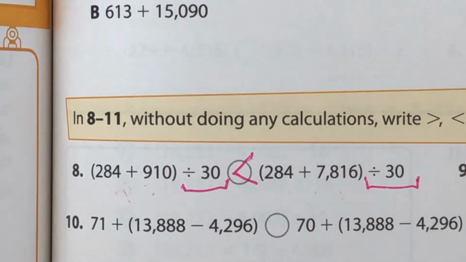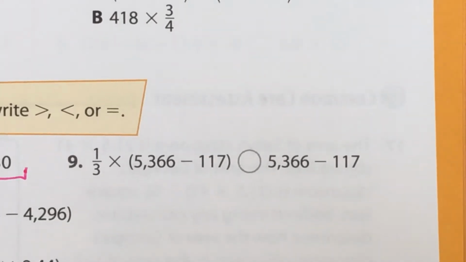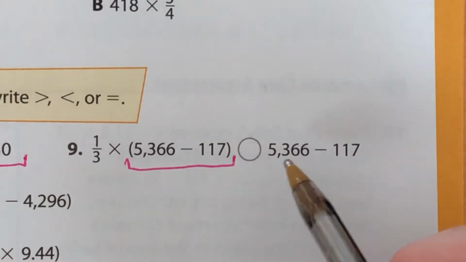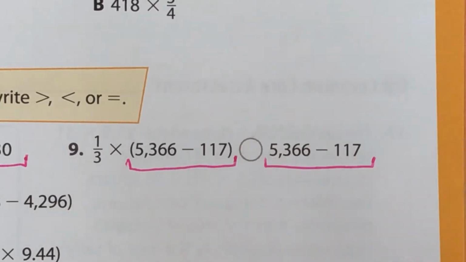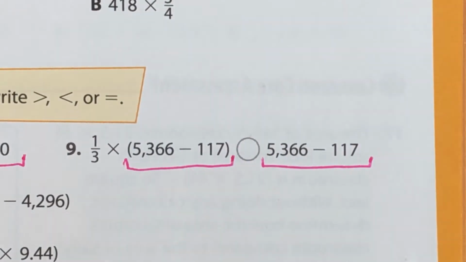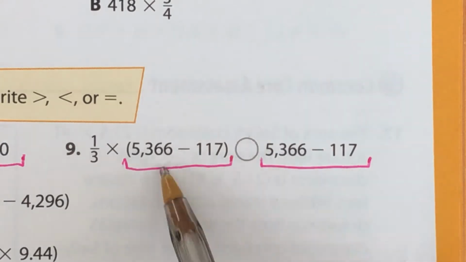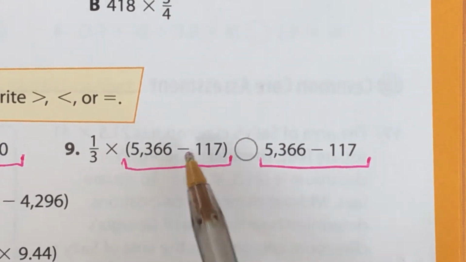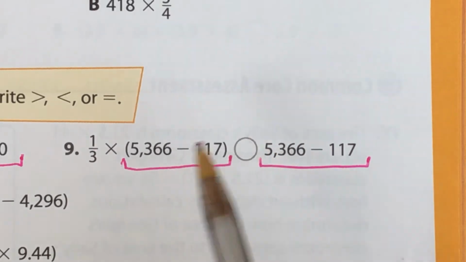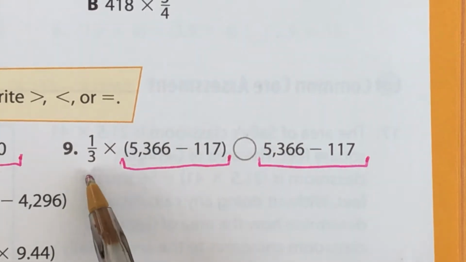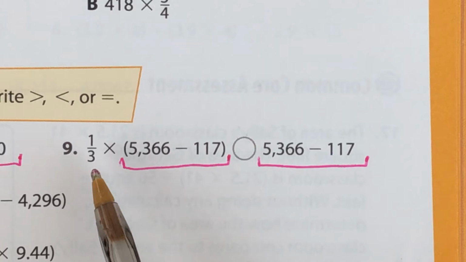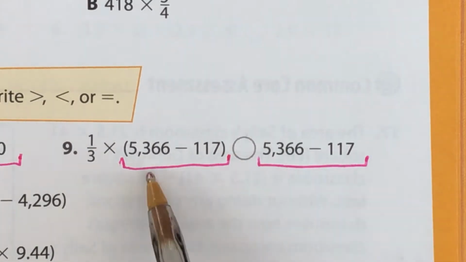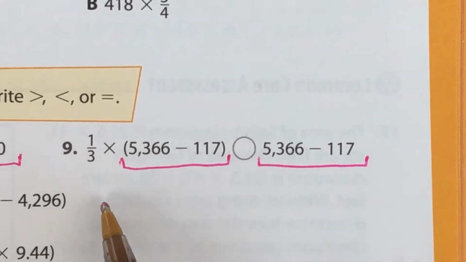Let's look at this next one, number 9. What I would suggest is underlining what is the same in each expression. So in both of these expressions, we have 5,366 minus 117. And then for this one though, we're multiplying by 1/3. So which expression do you think is going to be bigger or greater?